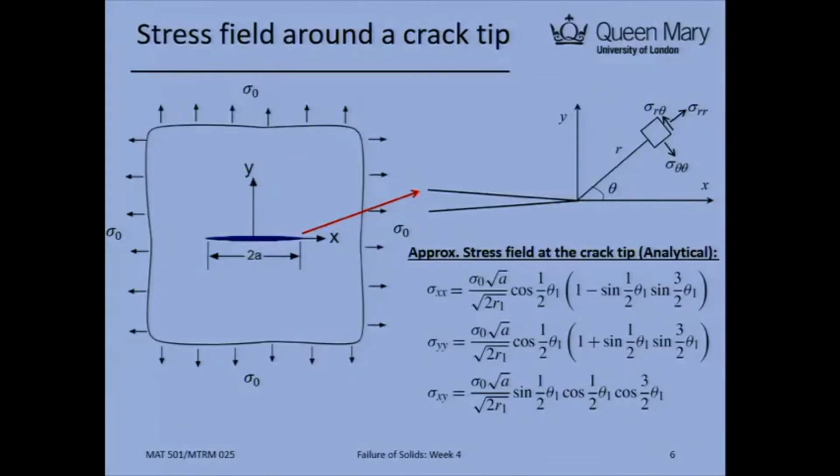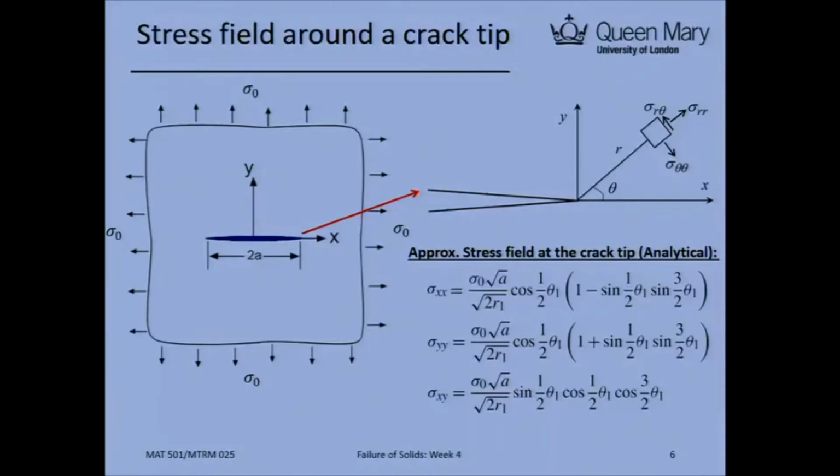If you draw that in a polar coordinate system, you have a piece of material in the space around here, and the distance from this material to your crack tip is r, and there's an angle here, theta. If you derive the stress field for that piece of material, it will give you this equation.